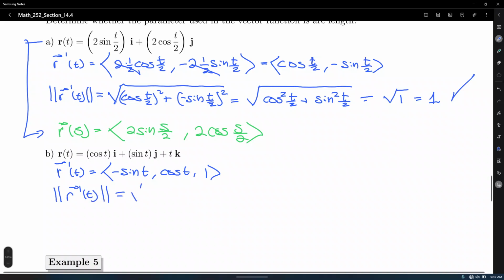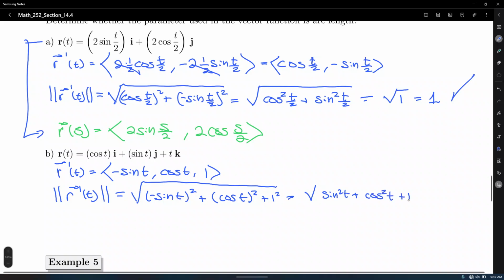That equals the square root of negative sine t squared plus cosine t squared plus 1 squared. Okay, so that's going to give us the square root of sine squared plus cosine squared plus 1 squared. And again, sine squared plus cosine squared equals 1.